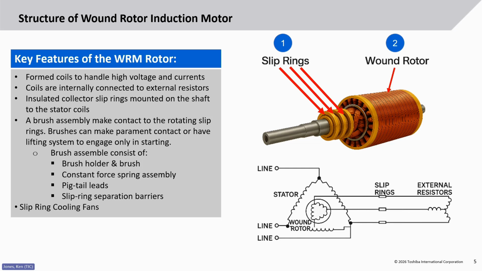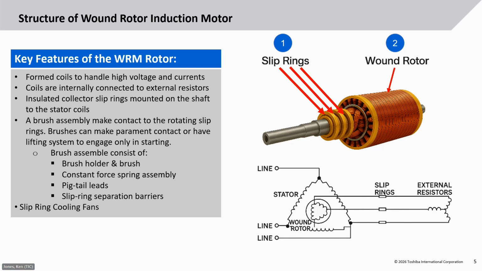The carbon brushes make contact with those slip rings throughout the whole starting process, and then can be left in place for varying the speed, or can be lifted at the completion of starting. We see this typically where we're starting conveyor systems, and the spring assembly and the associated rings and ring barriers can be maintained fairly easily and readily.